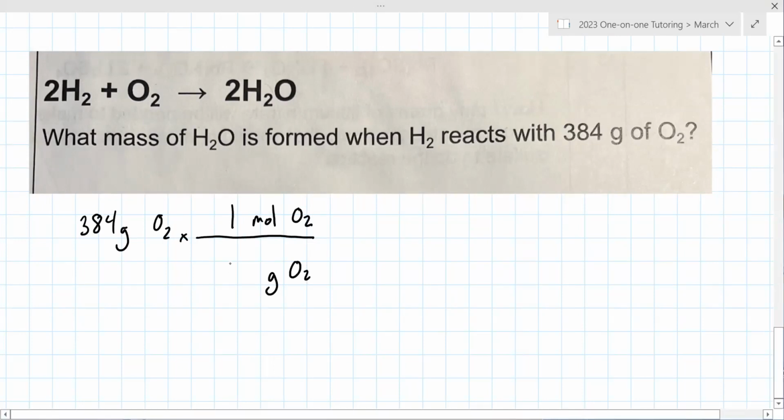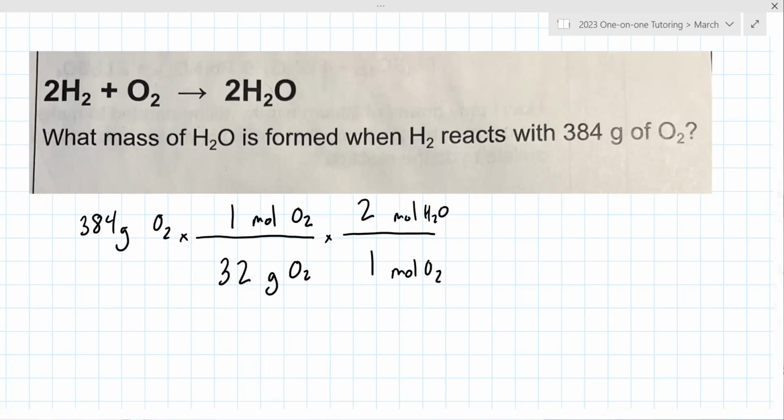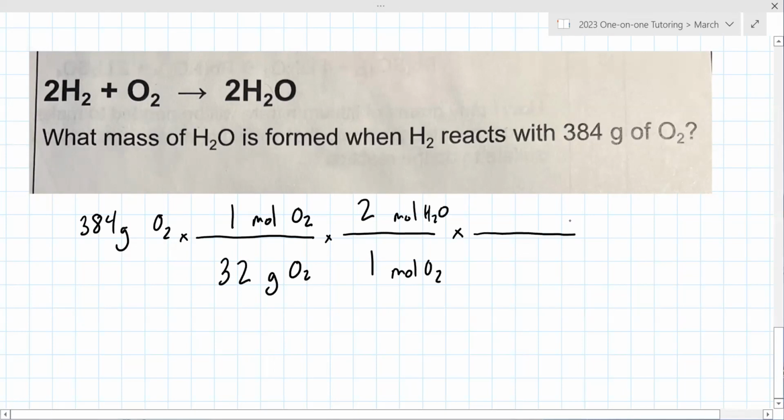It's 32. Yeah. And then you're going to do your conversion from the reactants to the products. One mole O2 is 2 moles H2O. So, oh yeah, never mind.